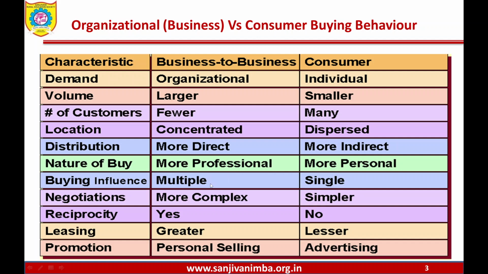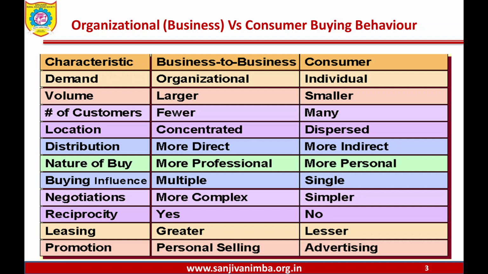Buying influence: in organizational buying, there are multiple influences because it is a decision in an organization. From department heads, purchase persons, so many persons are involved in the buying influence. But with consumers you many times find a single person. In organizational buying, business to business, the negotiations are more complex.